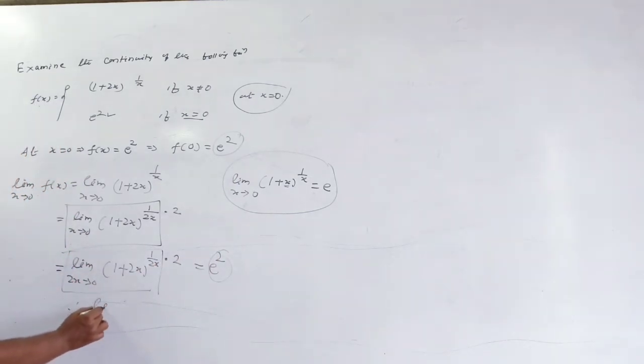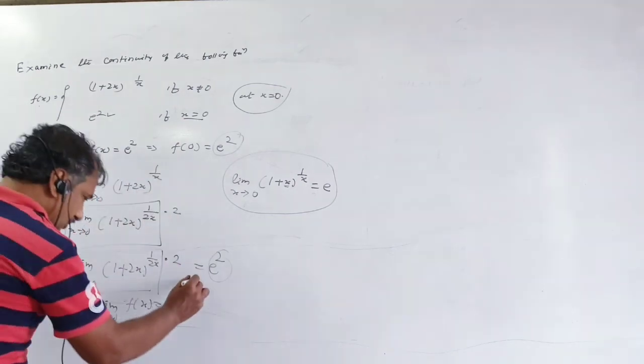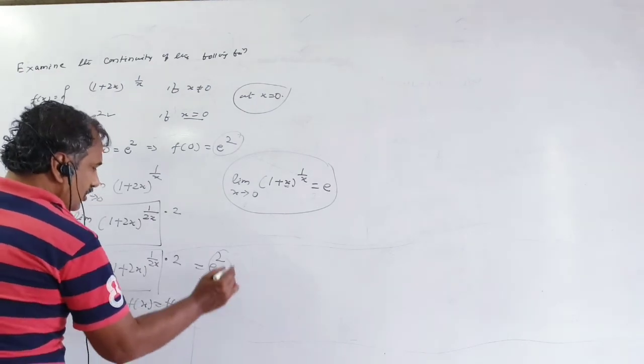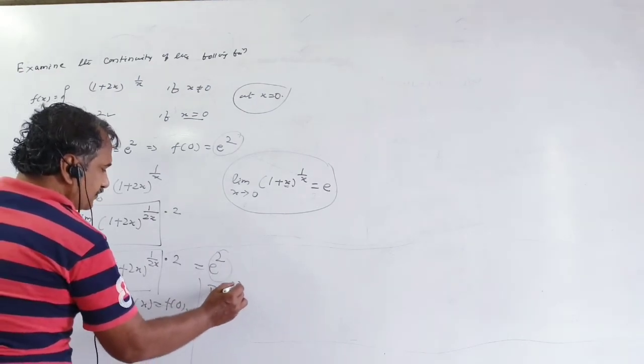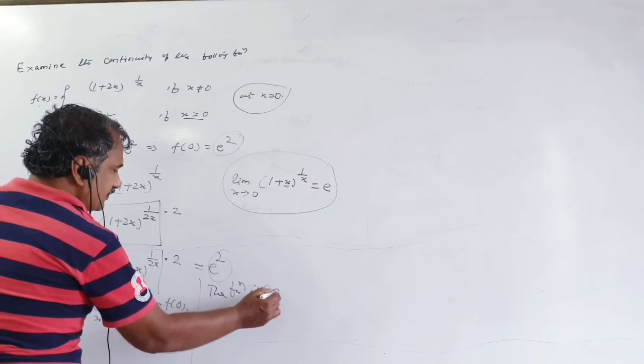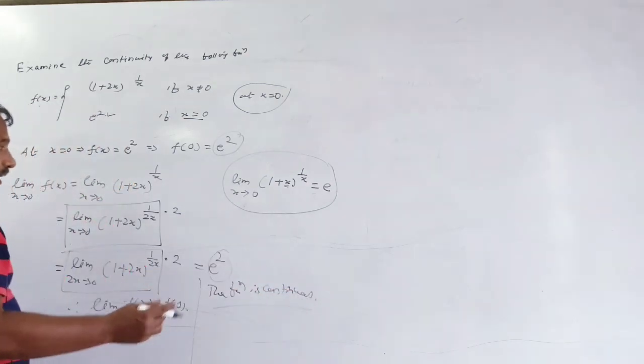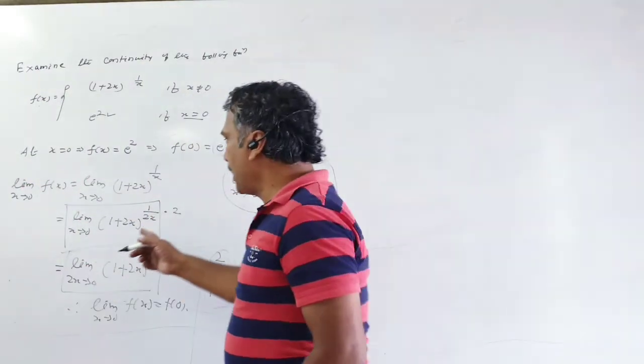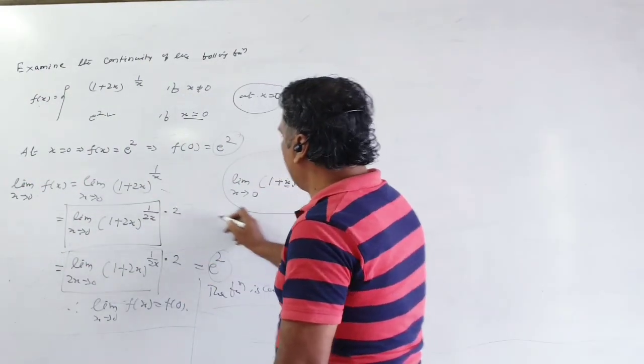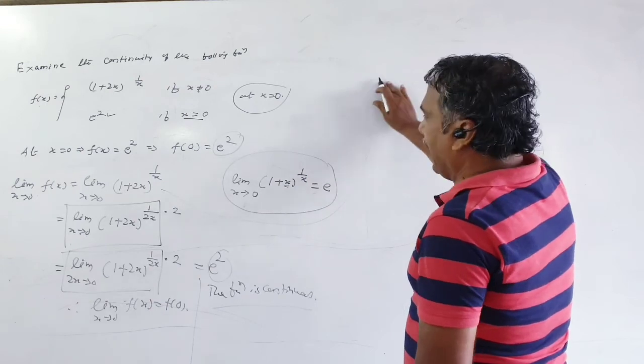Therefore limit x tends to 0 of f(x) equals f(0). That means the function is continuous.